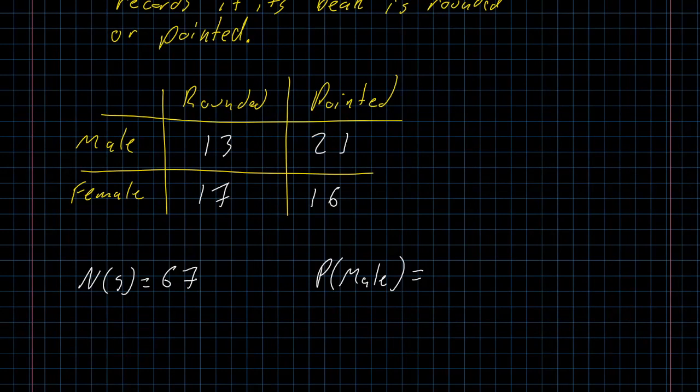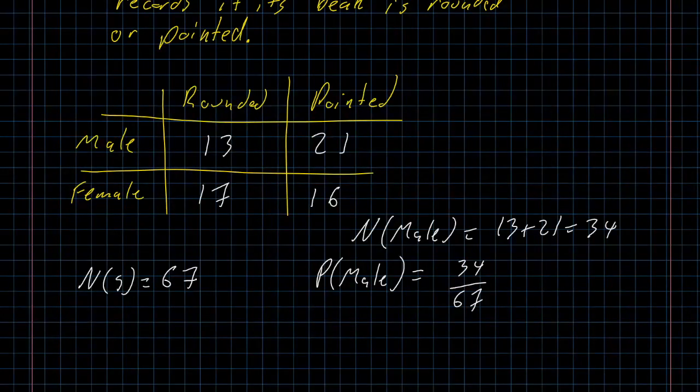So the number of male finch is 13 plus 21, or 34, and then the probability is 34 divided by 67. I'll report that as a decimal in this case. It comes out at 0.507.